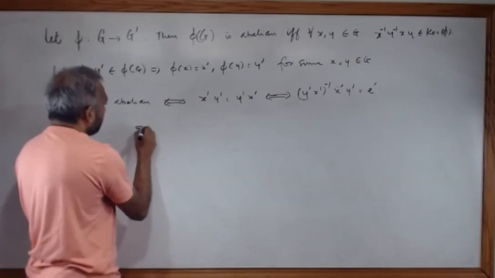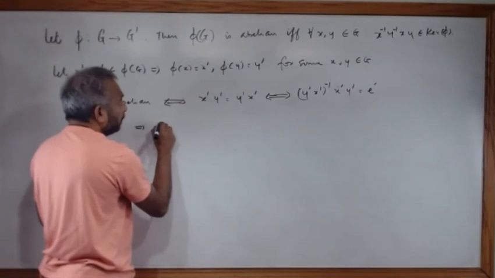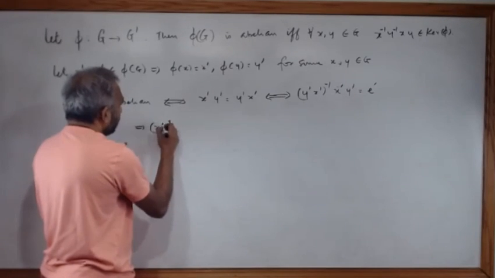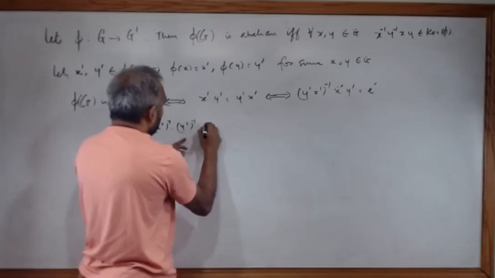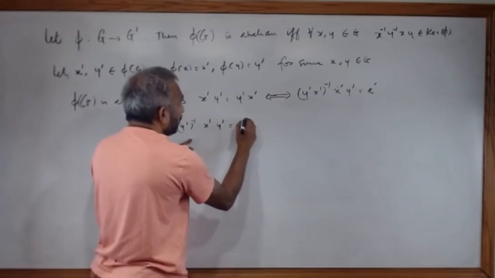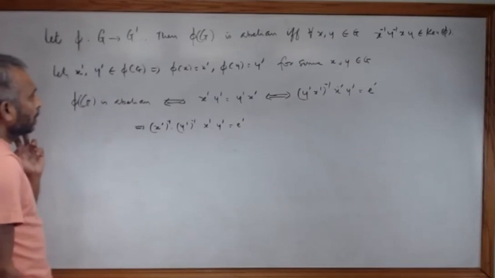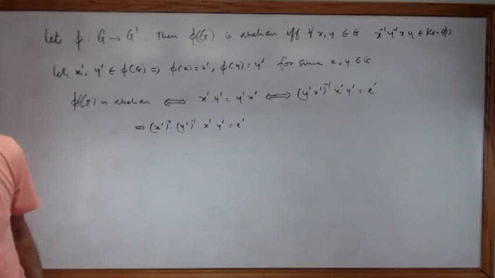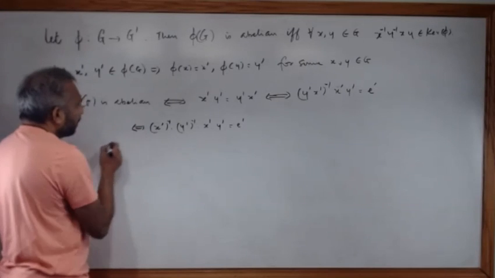And this is actually x prime inverse times y prime inverse times x prime times y prime is equal to e prime. So this is implies and implied by.